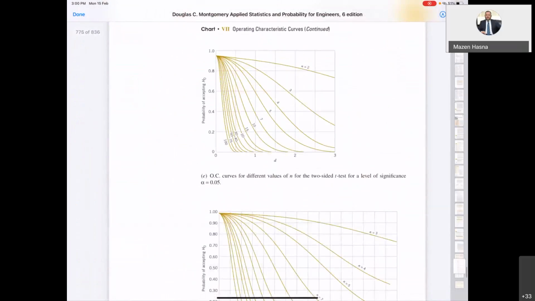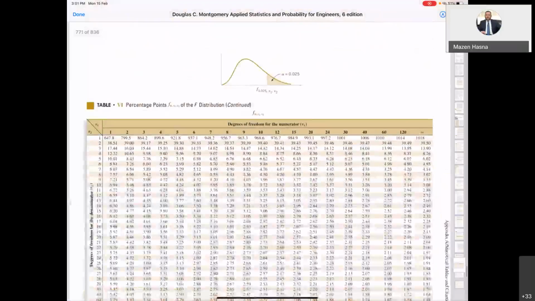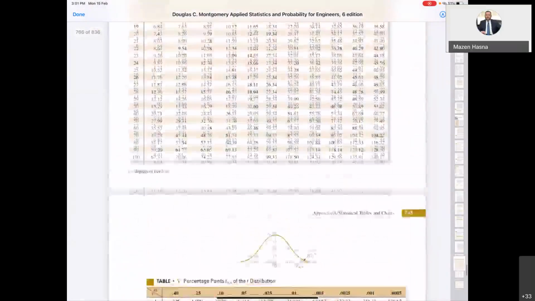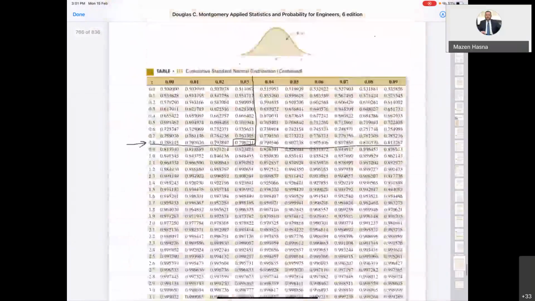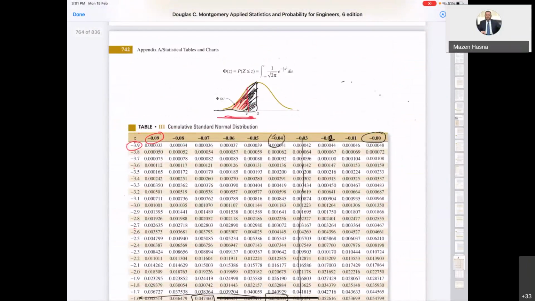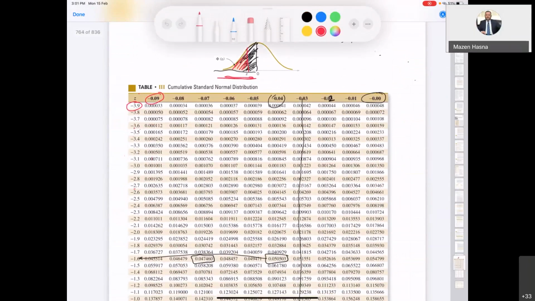And at the end of the book, there are many appendices. There are other tables that we will deal with later in the course. But we have appendix A, table 3. It has this table, as you can see.